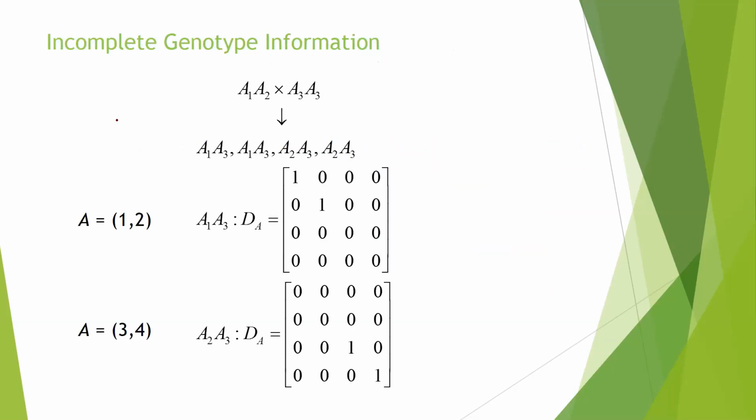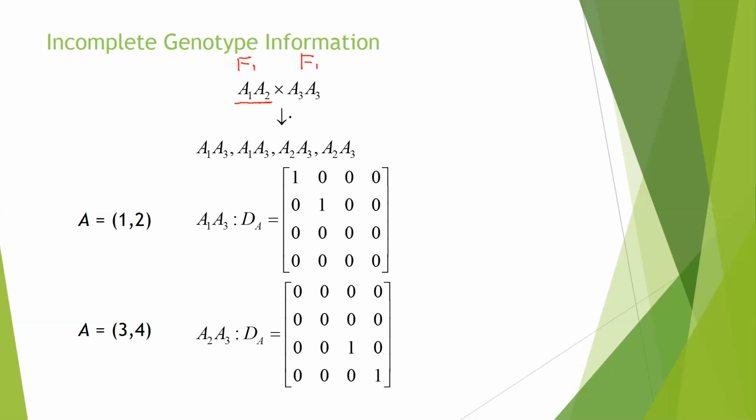However, let's see if there is incomplete genotype information. For example, this is a special four-way design. The first F1 parent is heterozygous at locus A, with two different alleles. For the second F1 parent, unfortunately, although this parent carries a different allele, A3, at this locus it is homozygous.